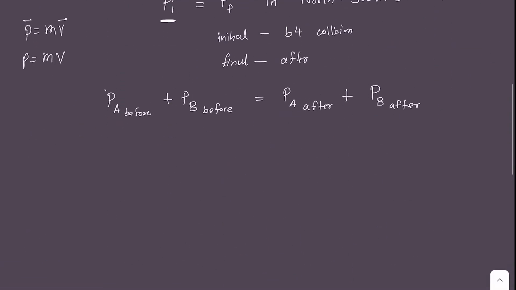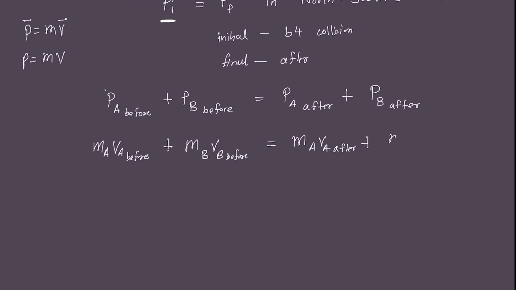That means I can write this as MA VA before, and that will be positive, plus MB VB before, that is equal to MA VA after plus MB VB after.